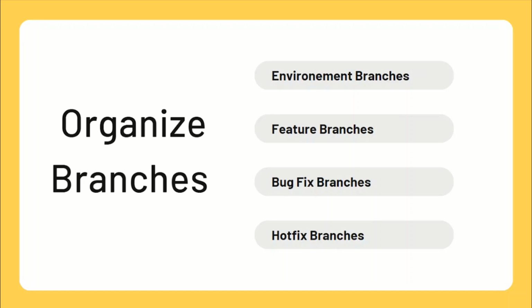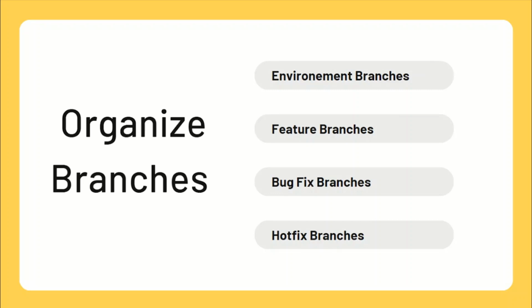The best practice is to have the different environment branches as well as the feature branches for whatever you are working on. After the feature branches, you commit that code into the develop branch, and after develop, to the upper-level environments.